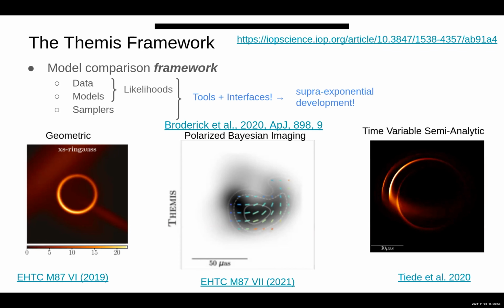This is an example where the polarization work was implemented, and then it could naturally take advantage of the imaging capabilities. And Paul, who's also on the call, you will hear more from him next, has also tremendously improved the sampling capabilities in Themis, and these samplers are really fantastic. You can also see on the right an example of a time-dependent semi-analytic model where you have either a RIAF solution and hotspots flying around, and all of this is part of this package.